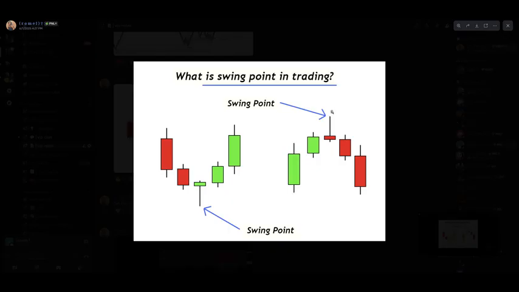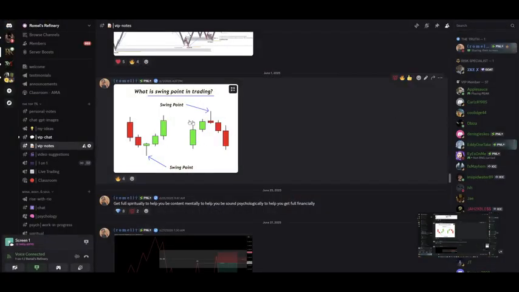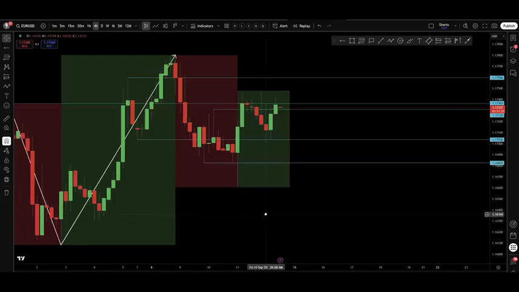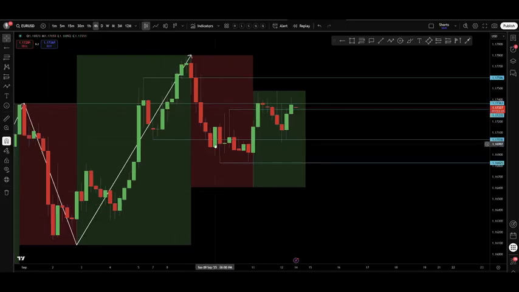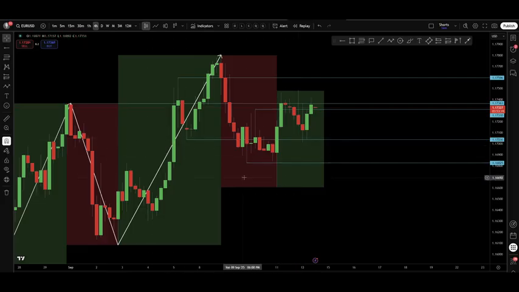Up here, if the wick and the high is higher than the candle before and after, that is a swing high. You want to ideally mark these out on a 4-hour chart for the best results, and then maybe on a 1 hour if there's anything important. You get results like that, and that's a good shortcut to analyzing ranges.